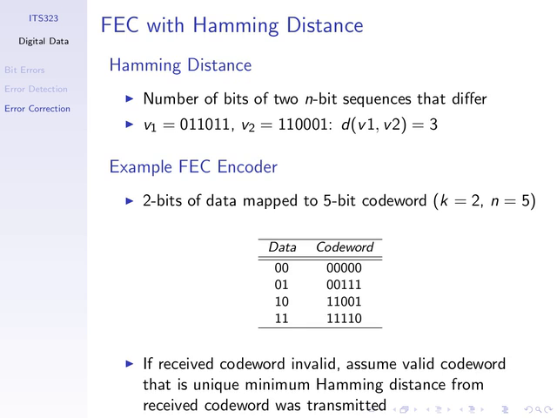The Hamming distance between V1 and V2 is 3. So it's a concept for determining how different two sequences of bits are. It's not just used in error correction, it's a general concept. We'll use that in our example.